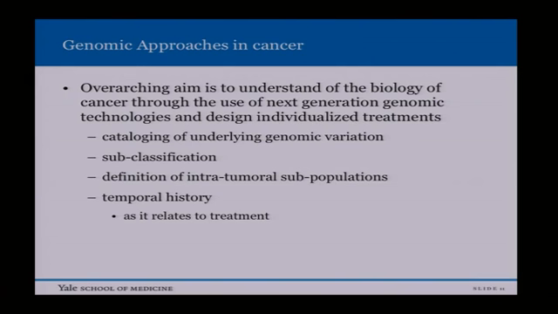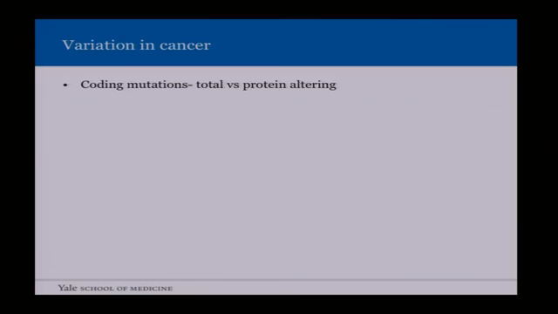So if I think now, as opposed to a couple of years ago, about variation in cancer, I use the simplest example of a homozygous mutation leading to an extreme brain phenotype. But if I look at a GBM sample now, I think about the following. I think about the coding mutations. I look at the total number. I look at the protein altering ones. I look at structural variation, not only small indels that affect these protein coding regions, but also large copy number changes.